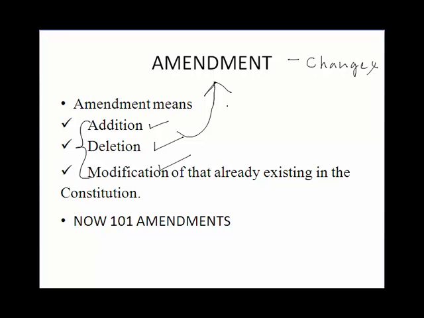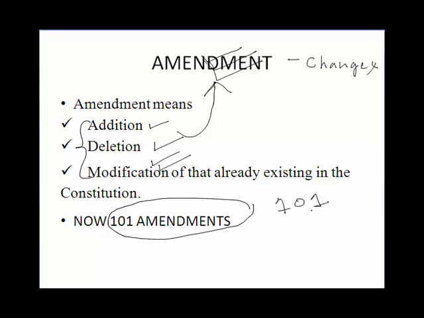If you want to add an article, we have to establish an amendment. If you want to delete an existing article, we have to develop one more amendment. If you want to modify articles also, we have to create amendments. Clear? So how many amendments have been done? 101.